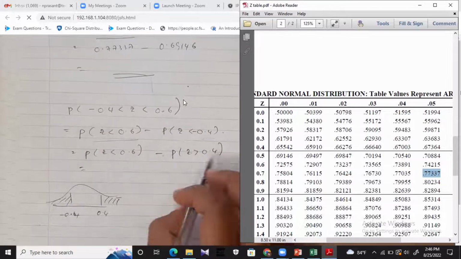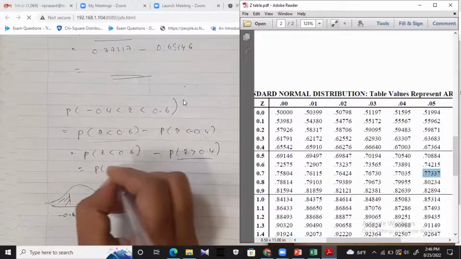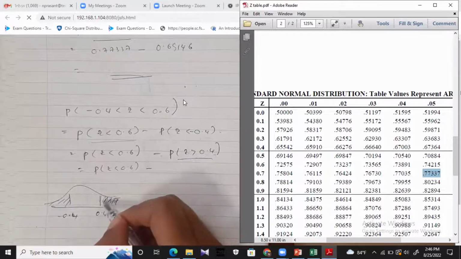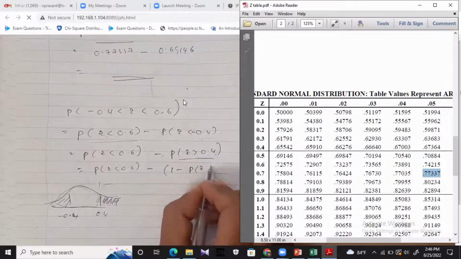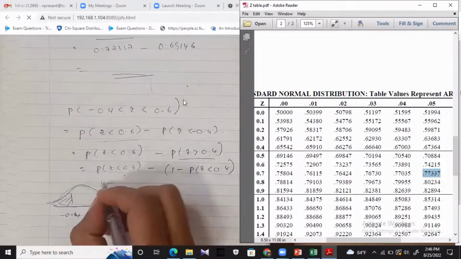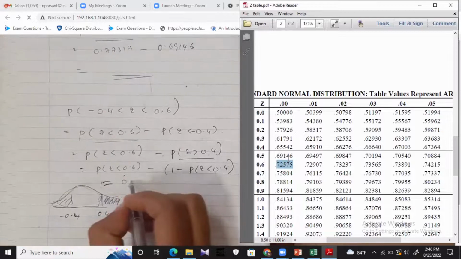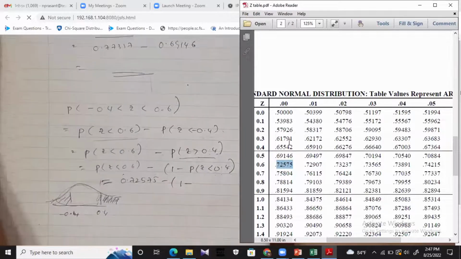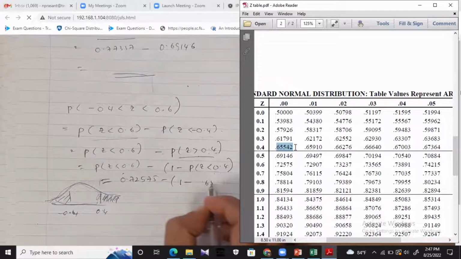Again, we can't read this probability from the table, so we write P(Z < 0.6) minus P(Z > 0.4), which means 1 minus this region, 1 minus P(Z < 0.4). P(Z < 0.6) is 0.72571 minus (1 minus P(Z < 0.4)), which is 0.65542.